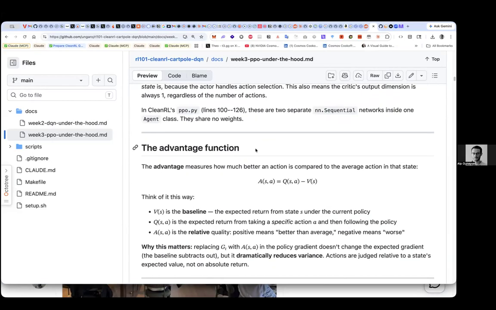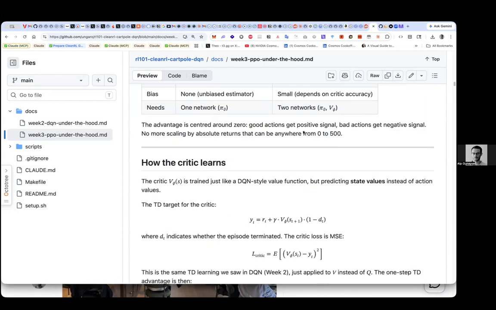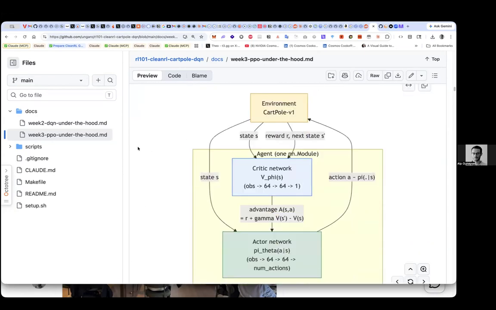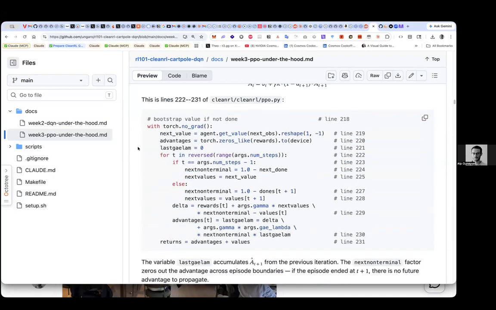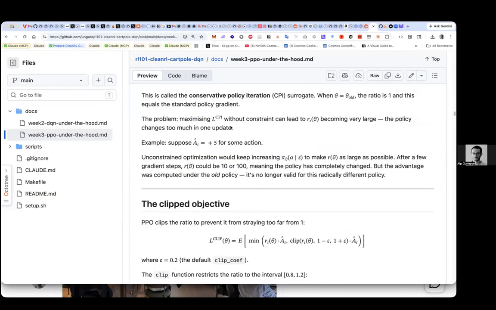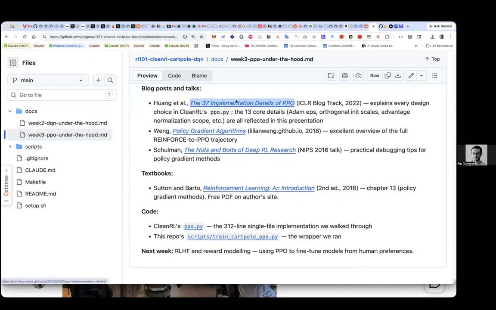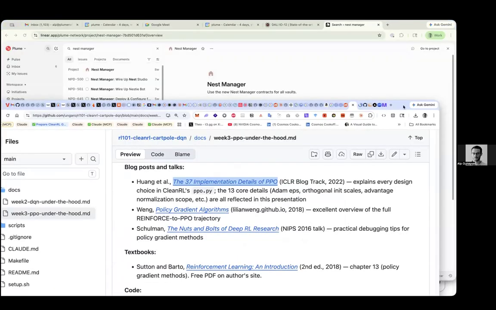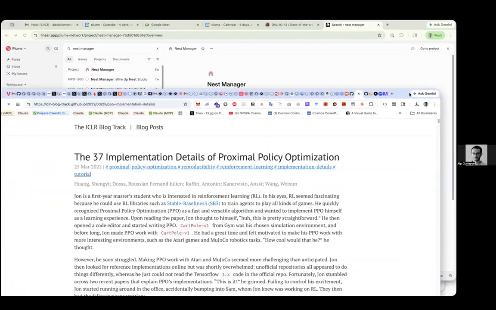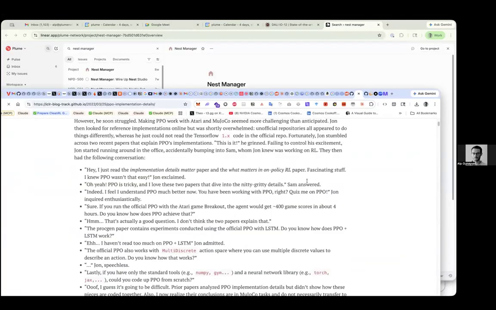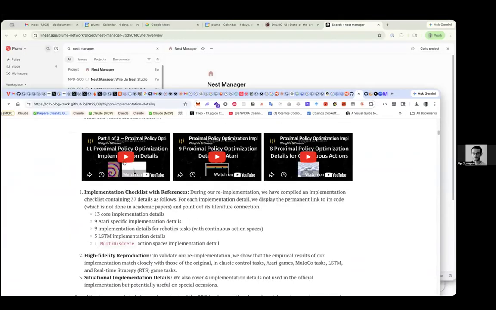There are so many math symbols that I am trying to learn, and diagrams as well. One thing when I studied this: at the end there is a link called the 37 implementation details of proximal policy optimization, and there are 3 YouTube videos there which are extremely nice.